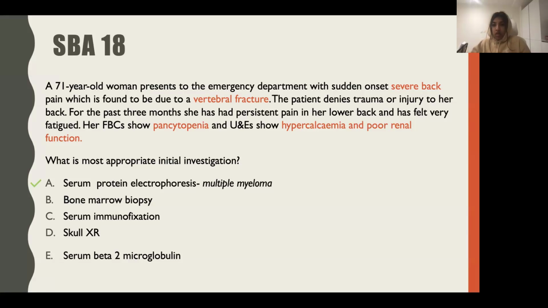The reason why this is myeloma is because there's the CRAB criteria. B is for bone, so she's got back pain and a fracture. C is for calcium, so hypercalcemia. She's got pancytopenia. She's also got poor renal function, so the R in CRAB is renal function. So this is classic myeloma.